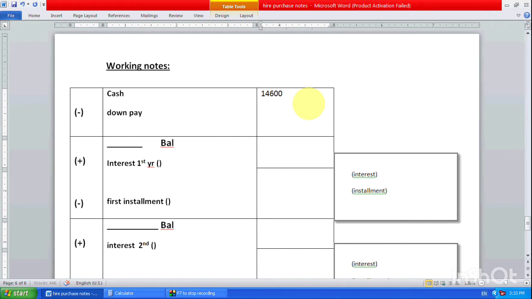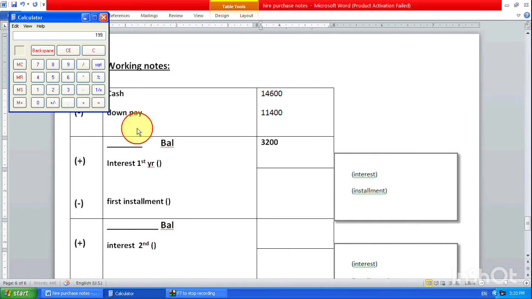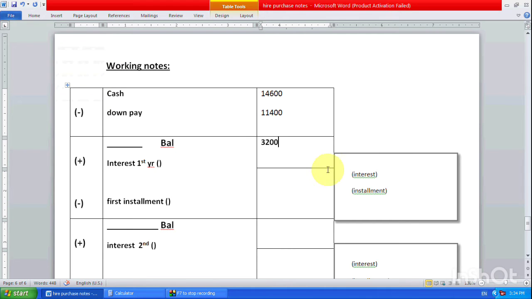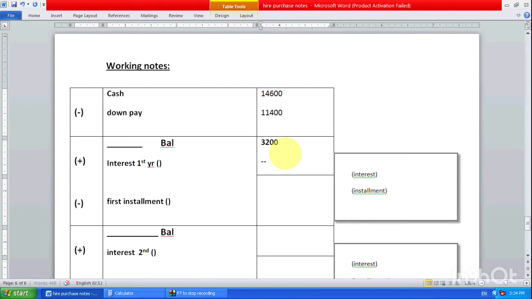Let's start the working note. The cash price is 14,600. We have a down payment of 11,400. If you deduct it, you will get 3,200. Now add the interest, first year interest, and it is half yearly.